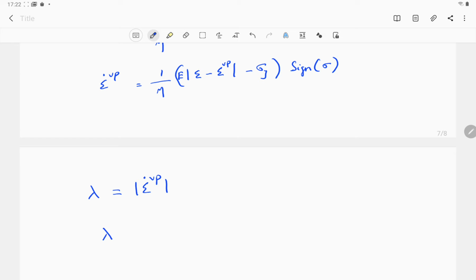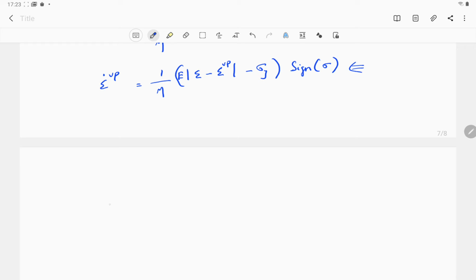So lambda is equal to, from this equation I can say, 1 by eta E into modulus of epsilon, or otherwise I'll do something else. What am I going to do is, say I'm going to multiply this sine sigma inside.